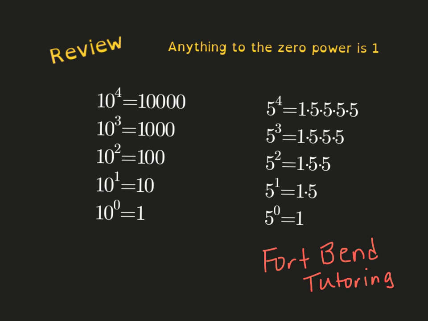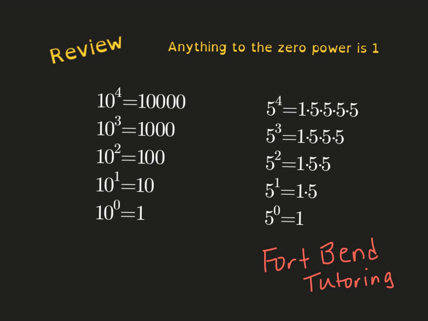If you think about it this way, 5 to the 4th power is 5 times itself 4 times. But there's also a 1 there. So it's 1 times 5 times itself 4 times. So 5 to the 3rd power is 1 times 5 to the 3rd power. We just don't write the 1.